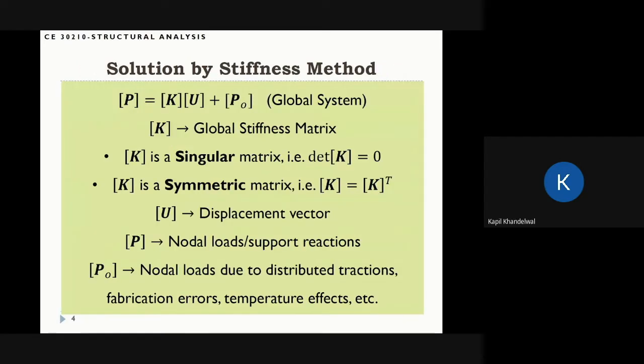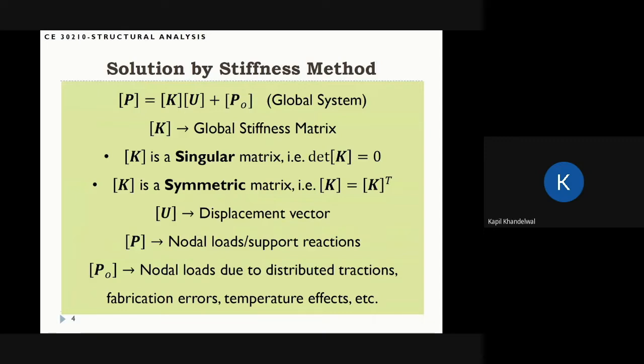So we already looked into what the global system looks like. So the global system looks like this. So we have P is equal to KU plus P0. So P is all the nodal loads. So you can distinguish between two types of nodal loads. If the displacement degree of freedom is unknown, then the corresponding load is actually a nodal load.